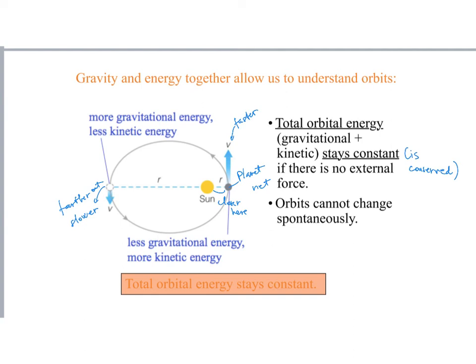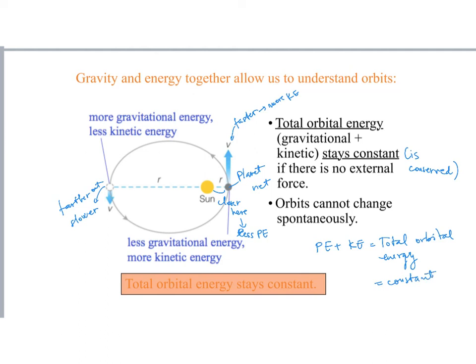If it moves faster, then there is more kinetic energy, and it's closer, so there is less potential energy. The potential energy plus kinetic energy, that is the total gravitational or orbital energy, and this stays constant.